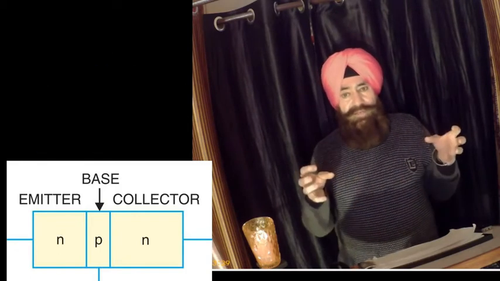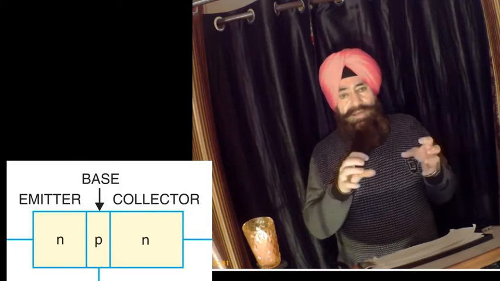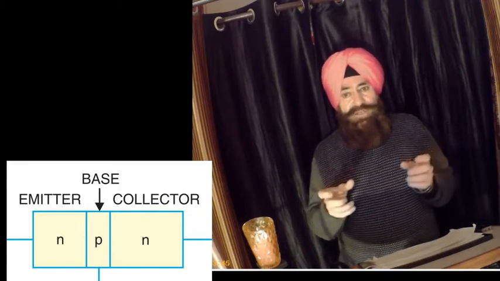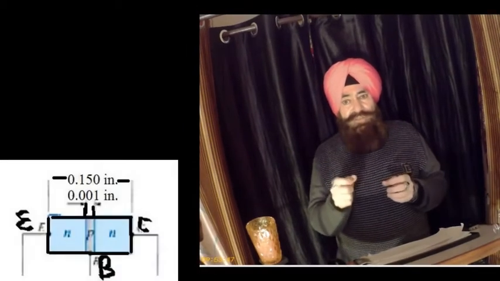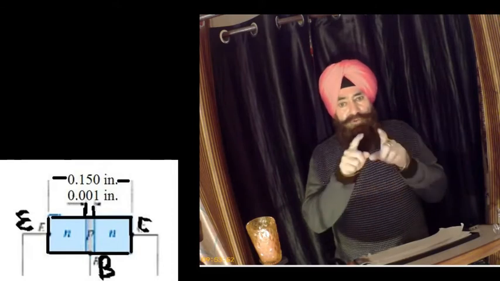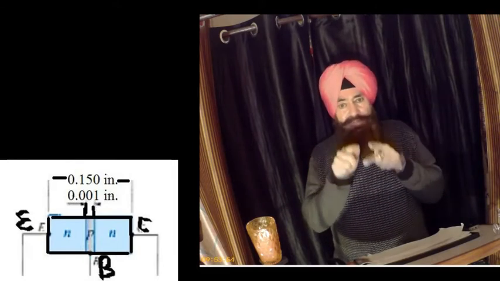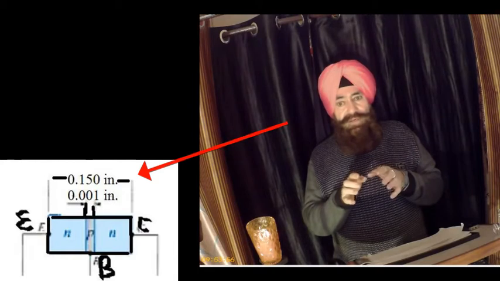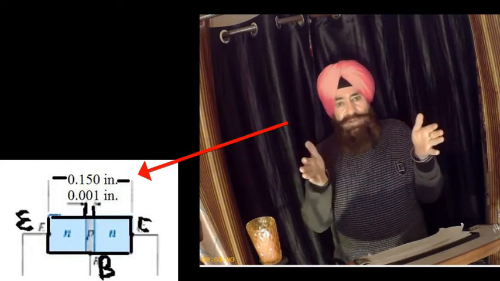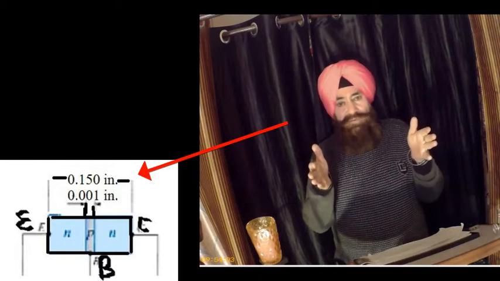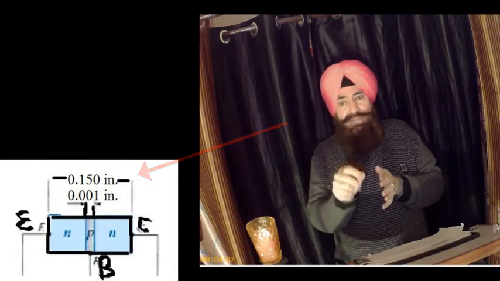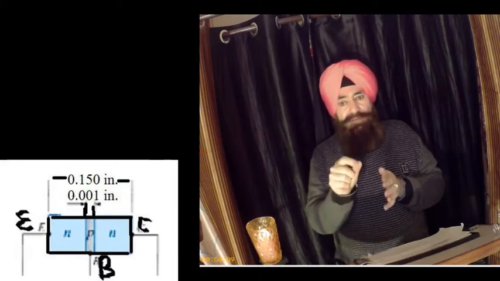The outer layers, n and n in case of NPN, have width much greater than the sandwiched P or N type material. You know what the ratio of the total width to that of the central one is? It is 150:1. That means if the total width is 150 units, then the central sandwiched layer will be only 1.